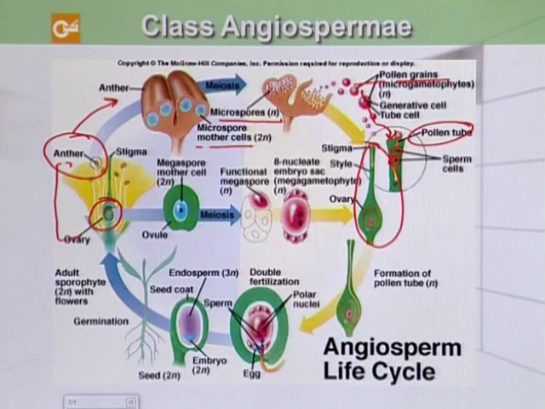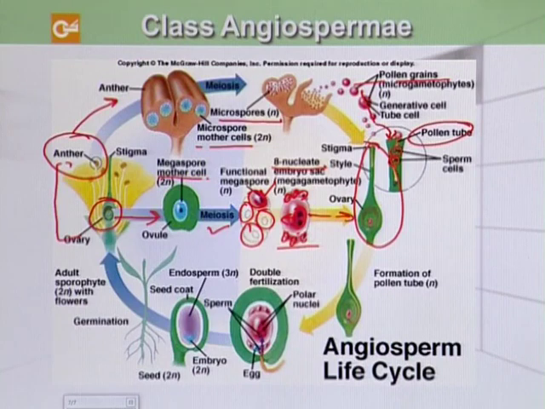Meanwhile, inside the female part, we can see that megaspore mother cells, via the process of meiosis, form 4 megaspores, out of which one remains functional, and it becomes a 7-celled or 8-nucleate embryo sac. ये 3 cells यहाँ पे हैं और 3 cells यहाँ पे हैं और 1 cell यहाँ है, लेकिन ये जो सेंटर वाला सेल है, it has double nucleus, as you can see here, तो इसे 8-nucleate embryo sac भी कह सकते हैं हम.